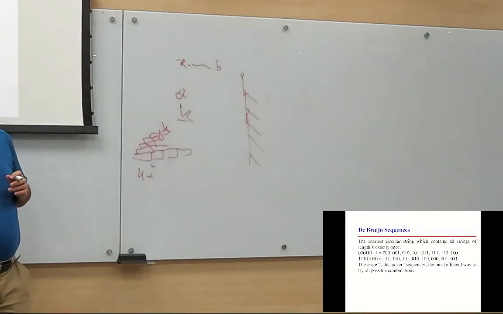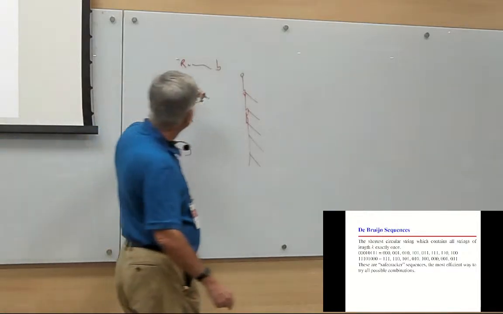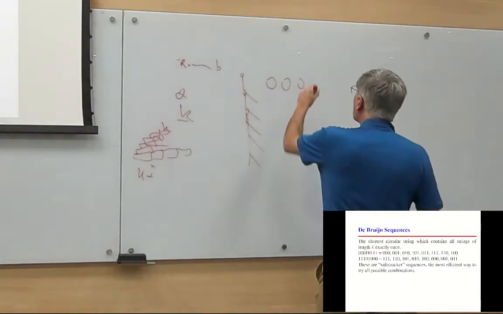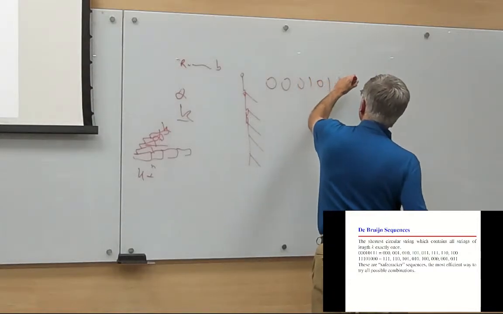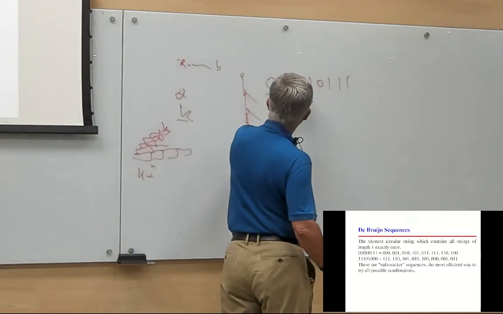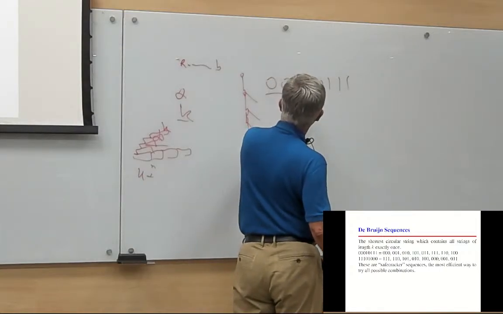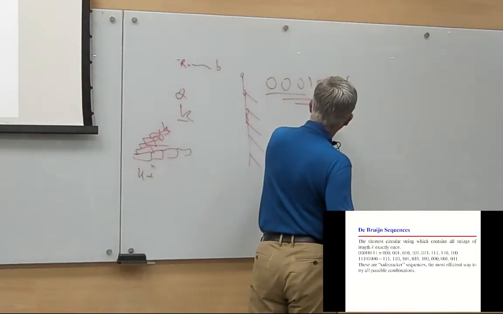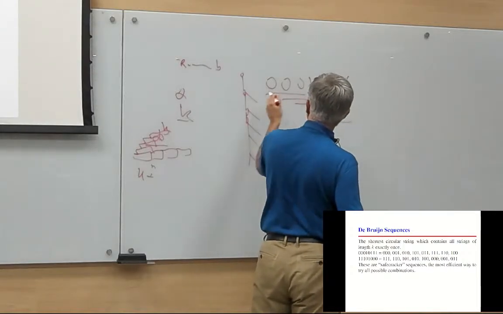Well, let's just look at the one we have here. I said 0, 0, 0, 1, 0, 1, 1. I think I have one more 1, right? Basically, I'm going to represent every string here. And then this wraps around.